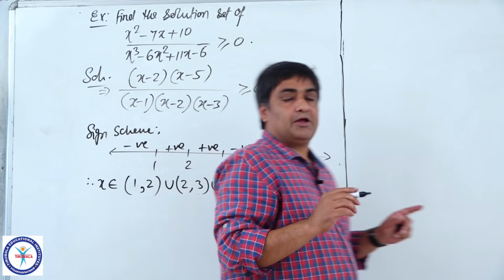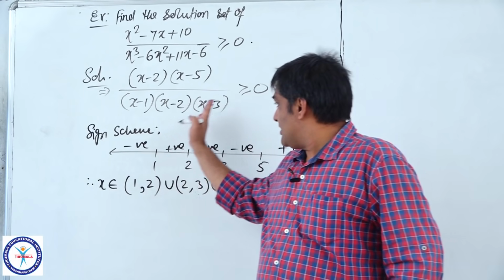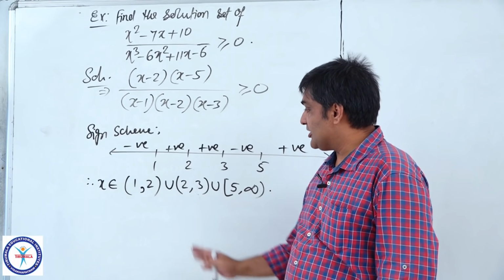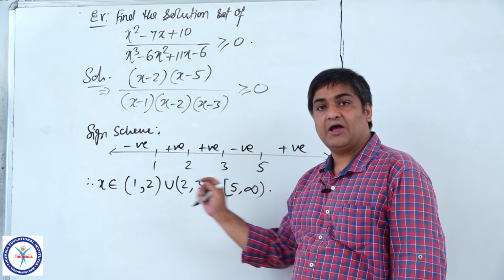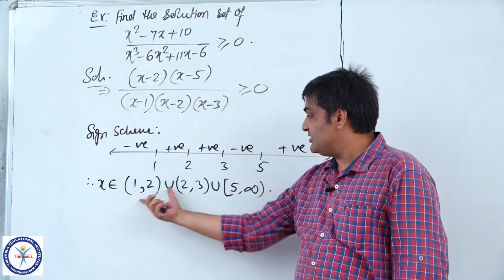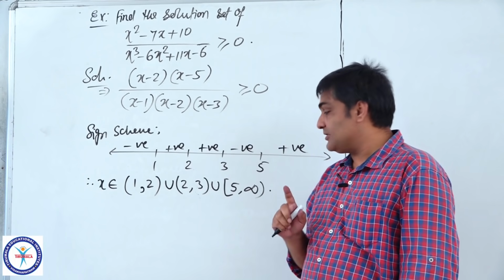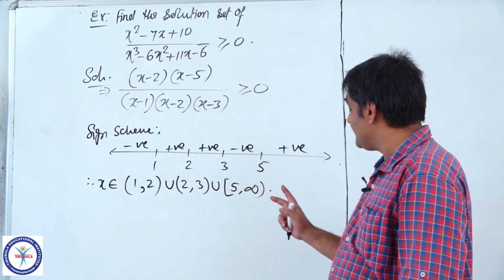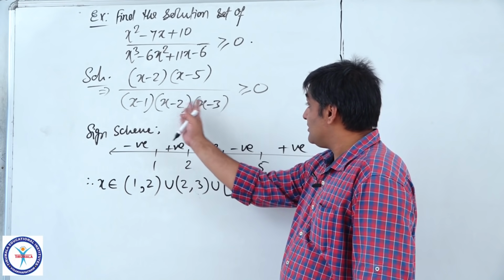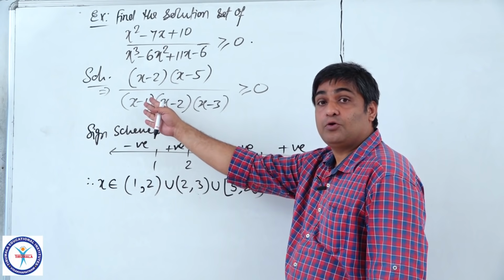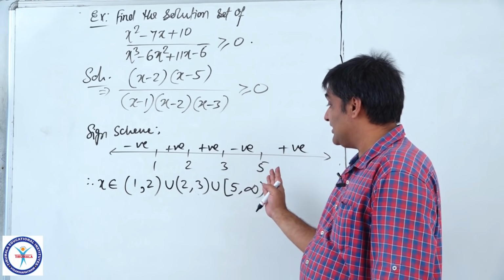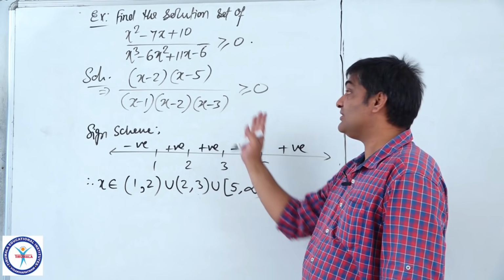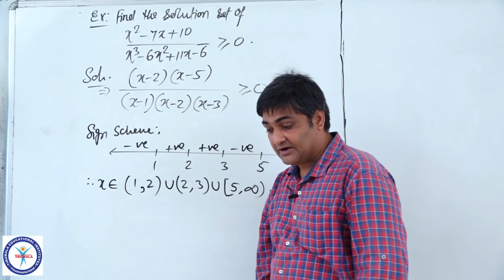See, equality sign is also there, but I have kept these as open intervals because if we include x equal to 1, 2 and 3 values, this expression will not be defined.